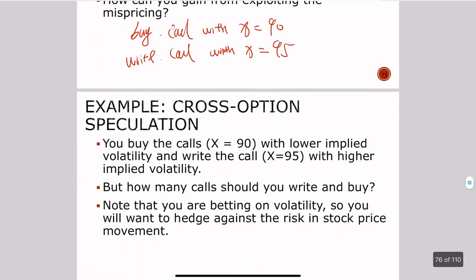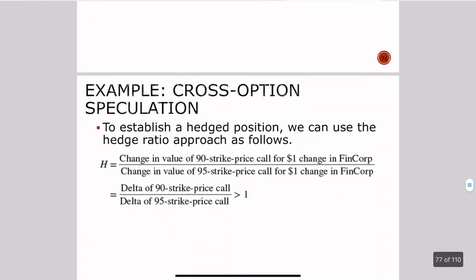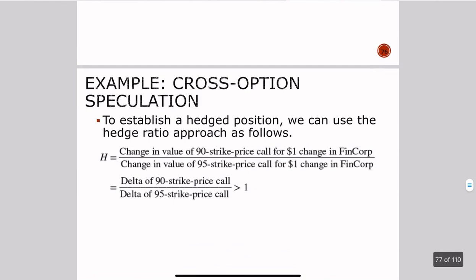Well, you will start again with delta. Here, because you have two call options, what you truly want is this hedge ratio. Remember the hedge ratio we discussed in the previous example.